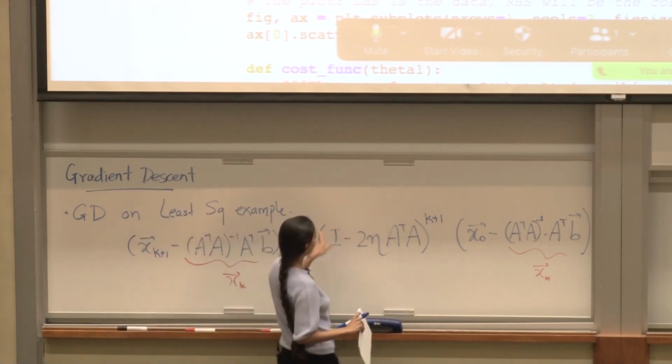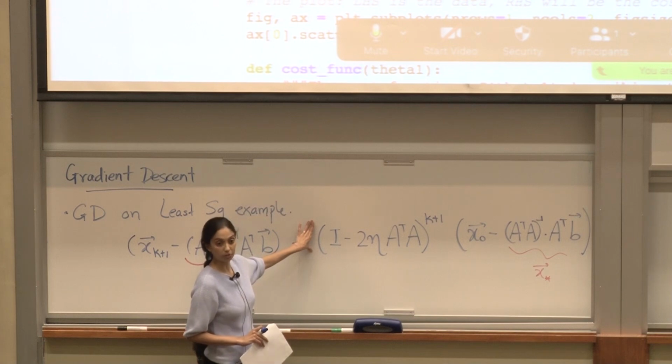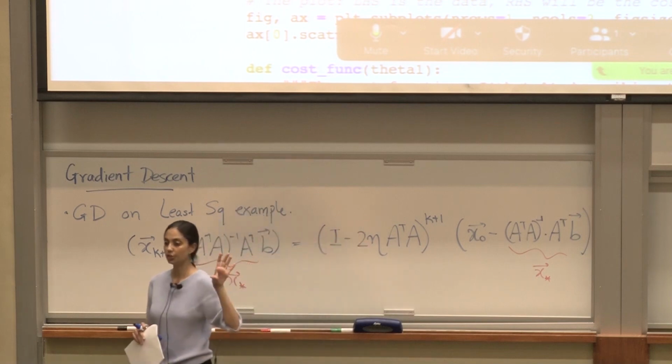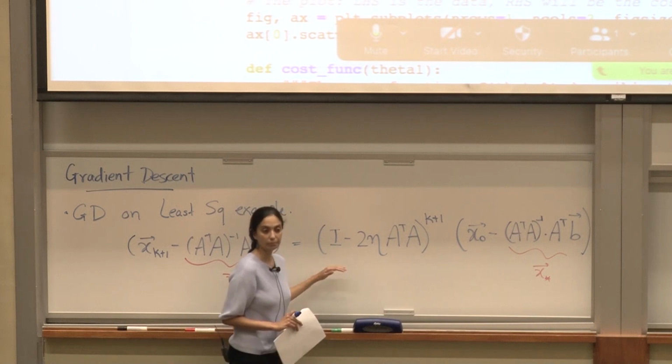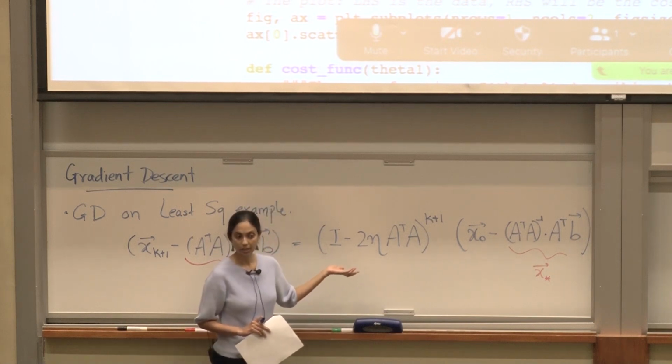And so here we have this nice symmetric matrix. And so we know when this is going to converge and when it is going to diverge. What did we say? This depends on what property of this matrix? The eigenvalues, right?